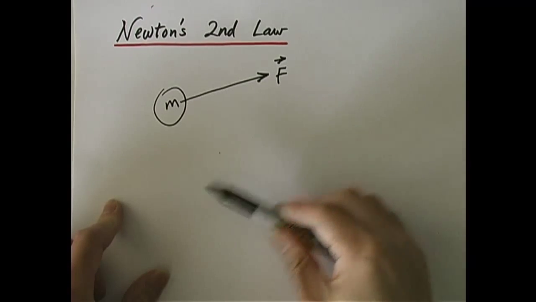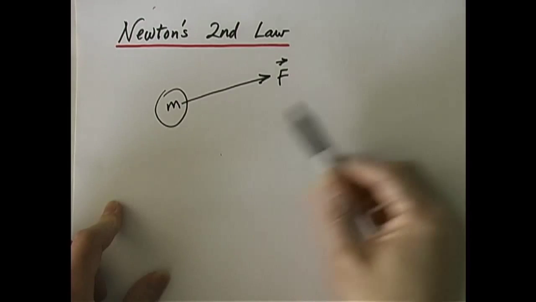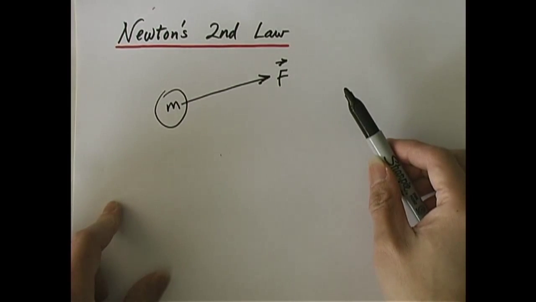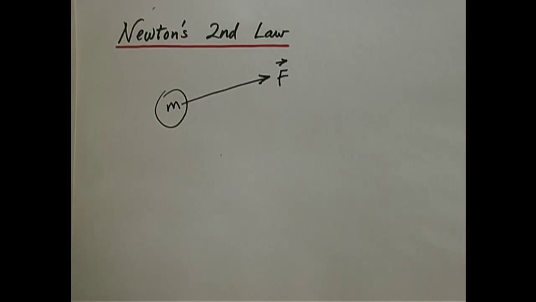If I push it hard, it's going to accelerate very quickly. It's going to pick up from zero speed and immediately reach a very large speed. So you get a large rate of change of velocity. You know the rate of change of velocity is otherwise known as what? Acceleration, right?